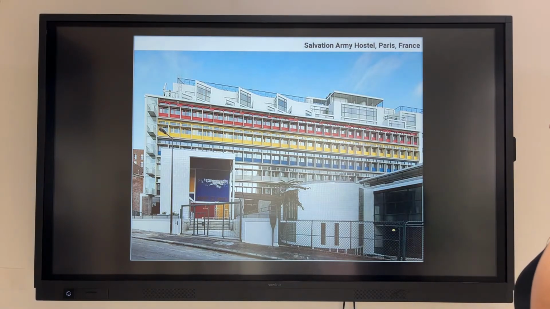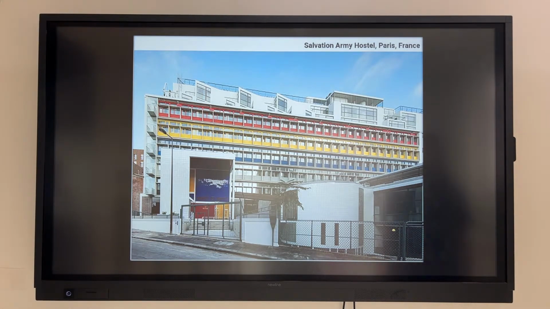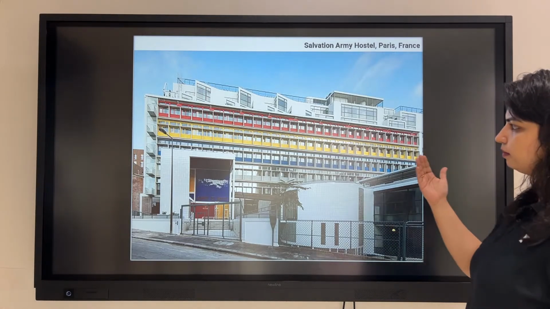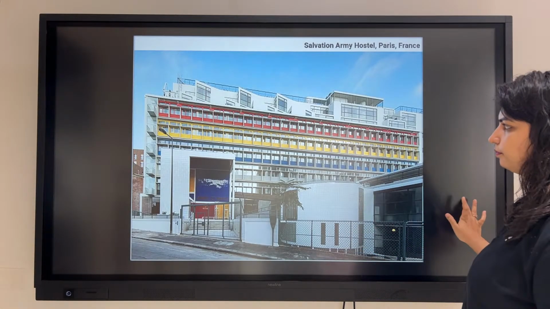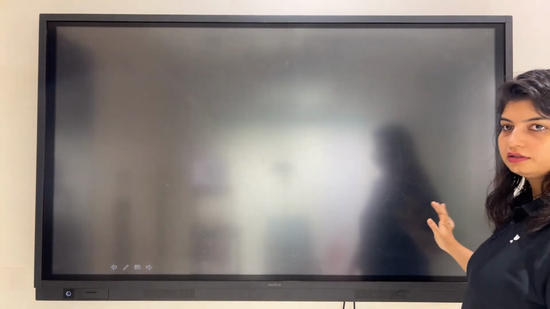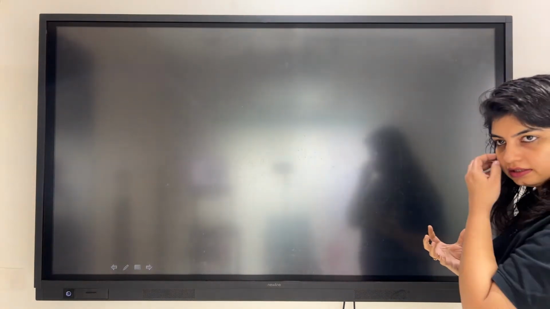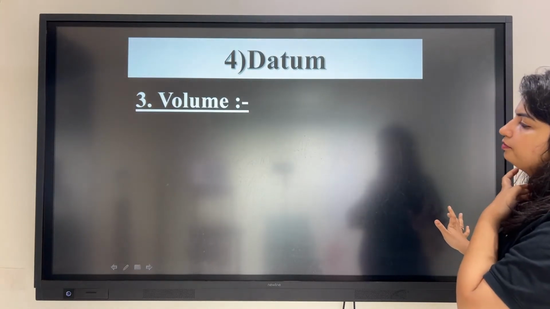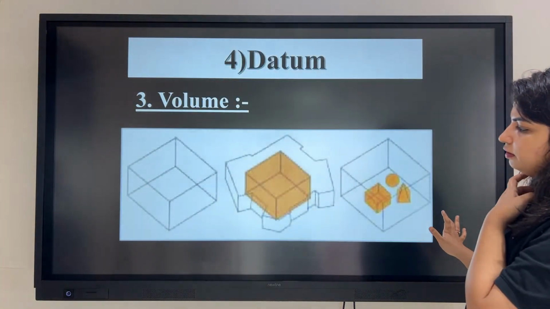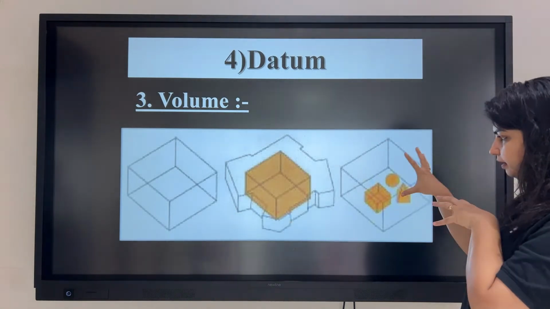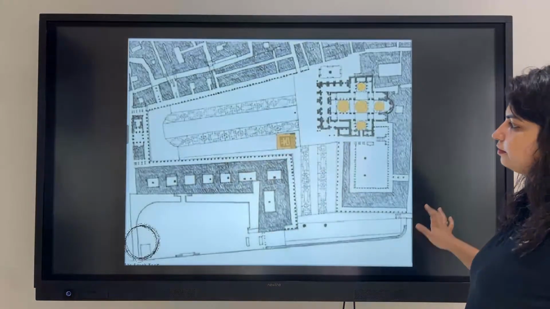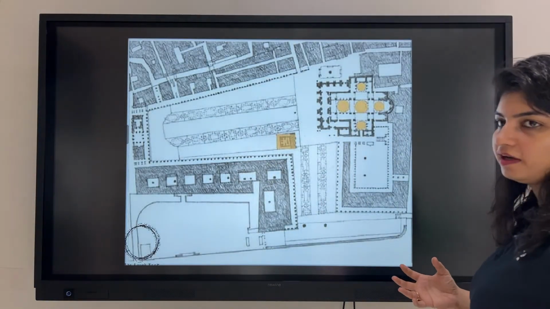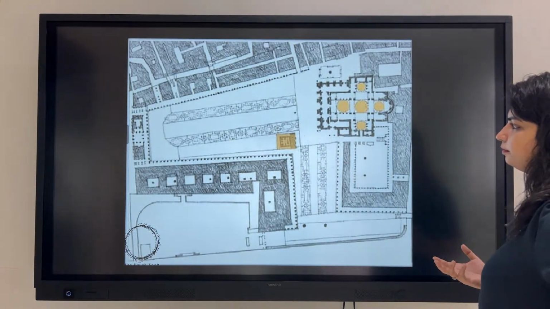This is the famous Salvation Army hostel of Paris, France. This again has a plane datum into which the elements of design are being arranged. Next you will have the volume. Into the volume you will have certain things divided, the shapes getting fitted. I'll go with the actual example faster to make it even clearer.